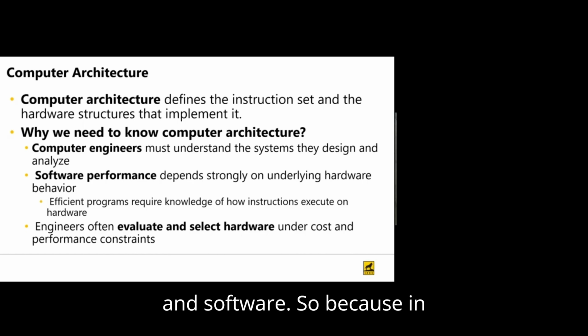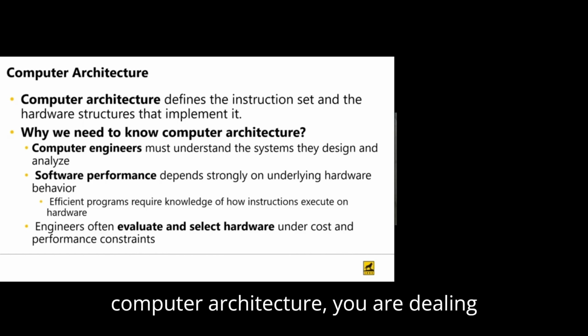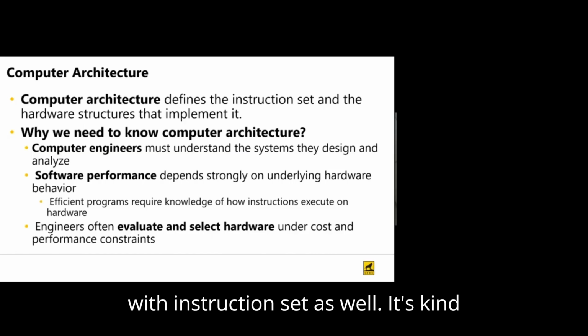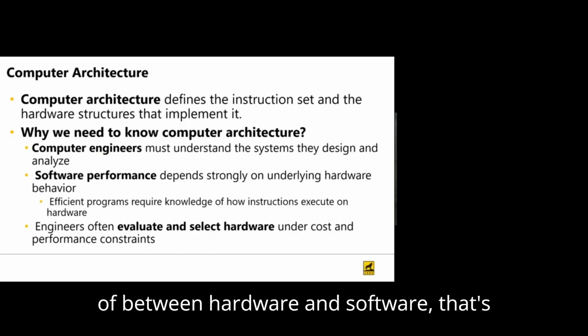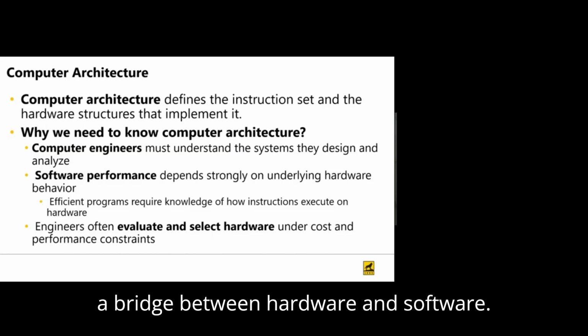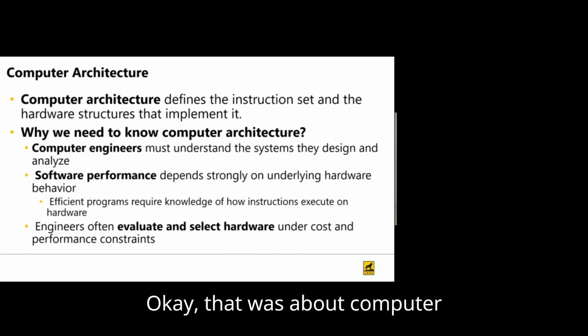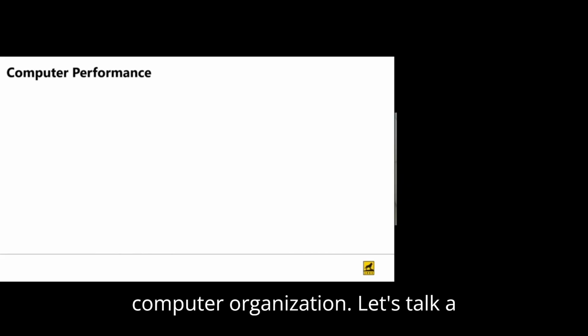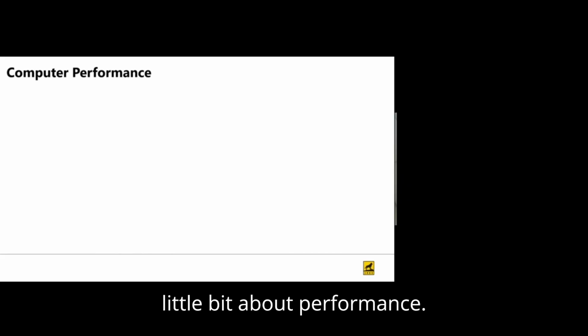Because in computer architecture, you are dealing with the instruction set as well. It's between hardware and software. That's a bridge between hardware and software. Okay, that was about computer architecture and its difference with computer organization. Let's talk a little bit about performance.